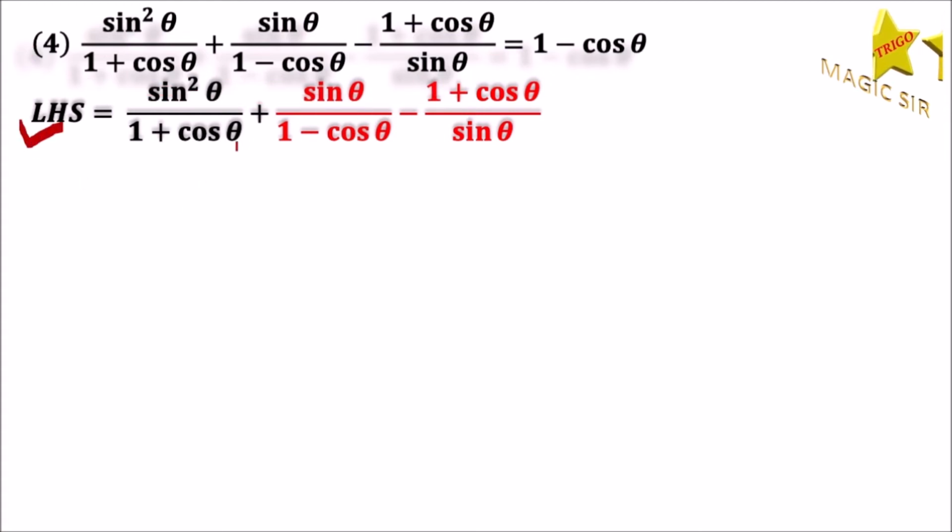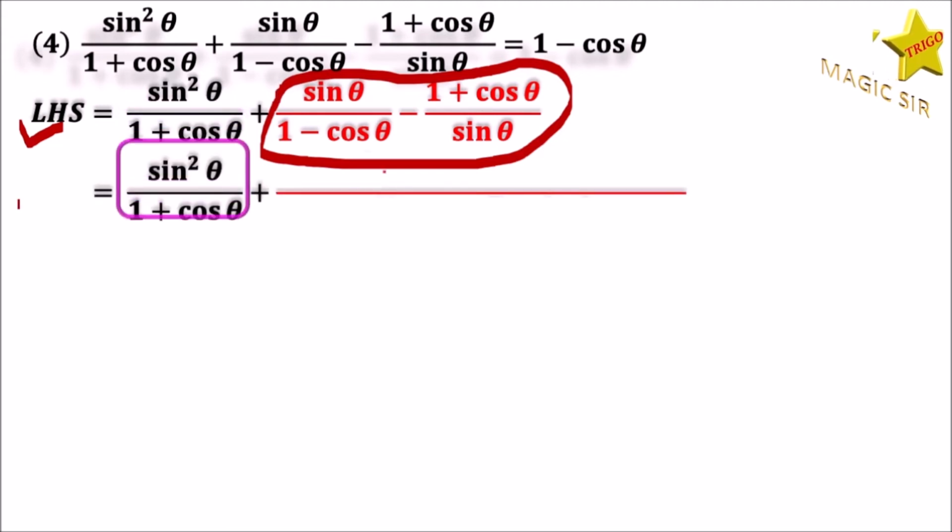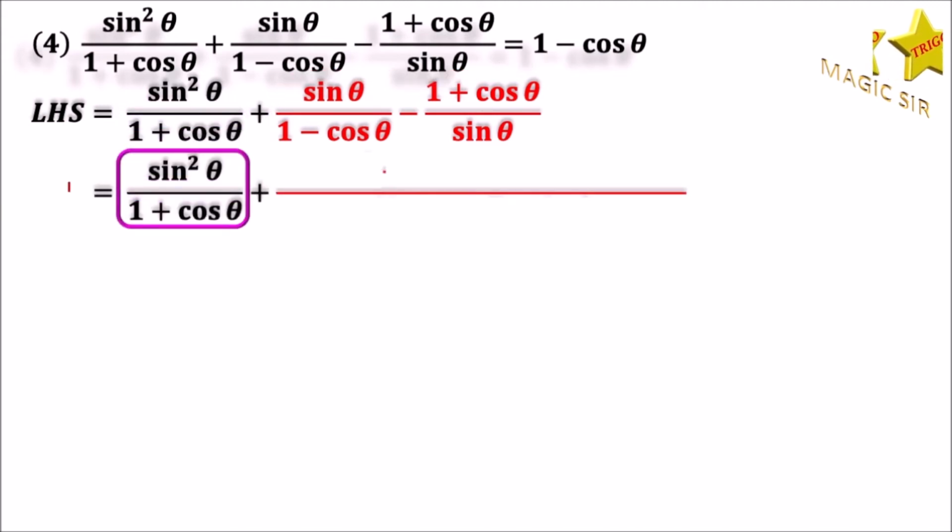We can observe that the left hand side is more complicated. Let us take the left hand side of the equation. For simplicity, we will subtract the fractions denoted by the red colors. Here, the first fraction remains as it is. Look at the blue arrow. We have sin theta into sin theta is equal to sin theta whole square.